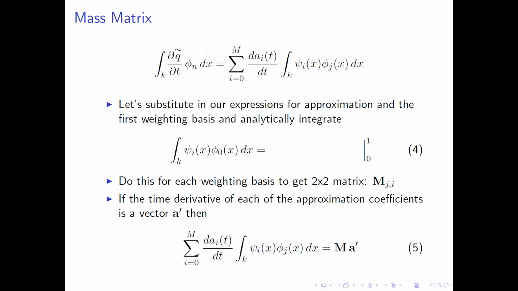So here it is, just rewritten up top here. So we're interested in figuring out what this quantity is actually equal to. So we can substitute in our actual expressions for each of these bases, and we'll, as an example, do it with respect to the first weighting basis function, so phi sub 0.